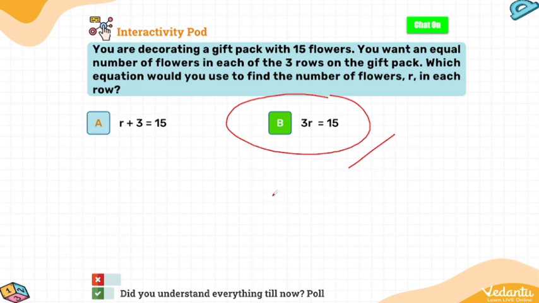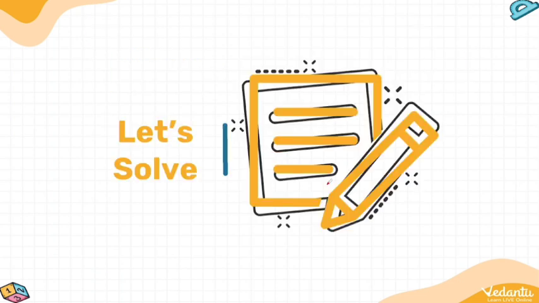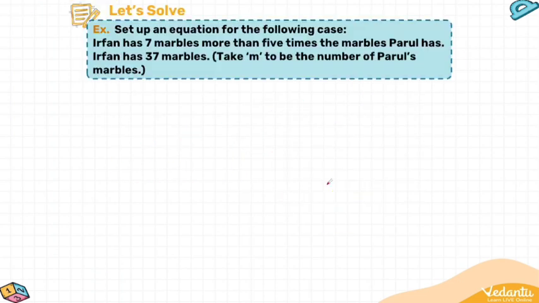As they want an equal number of flowers in each row, if the number of flowers is R, how many rows are there? 3. So 3 into R should be equal to the total number of flowers. That's 15.